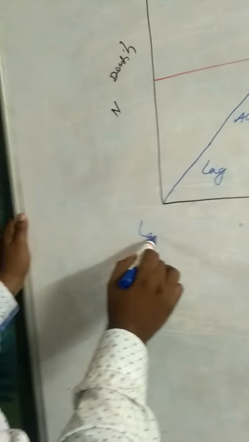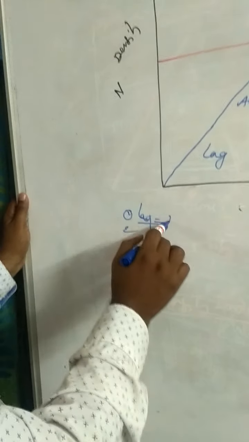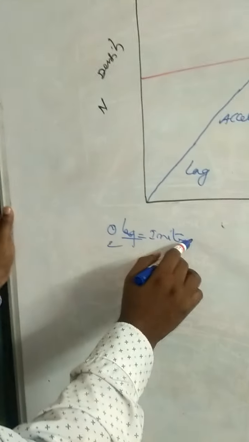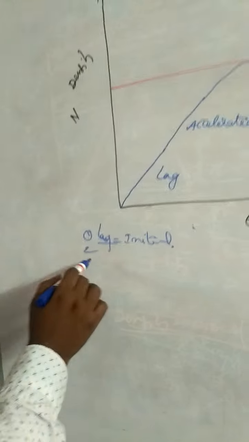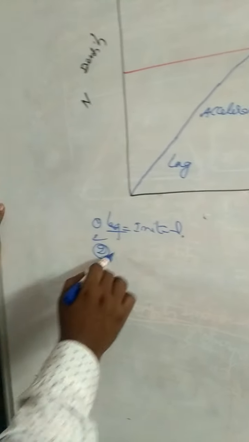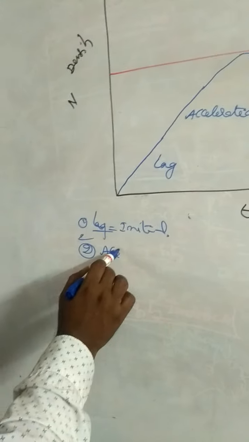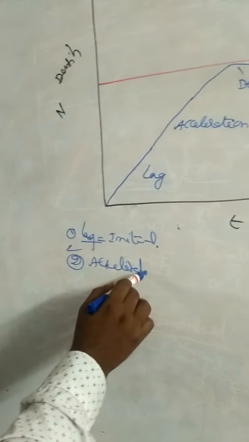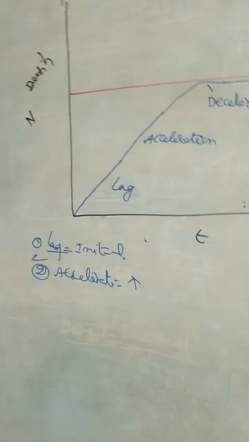Lag phase, initial phase is lag phase. And second one is acceleration phase, number of individuals increases.